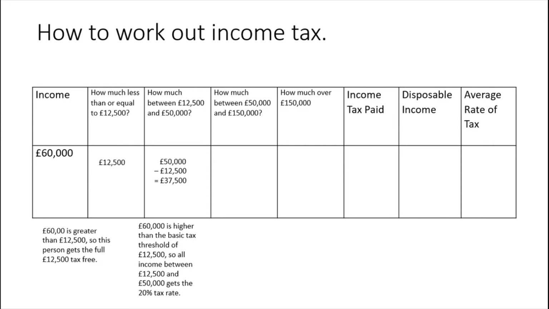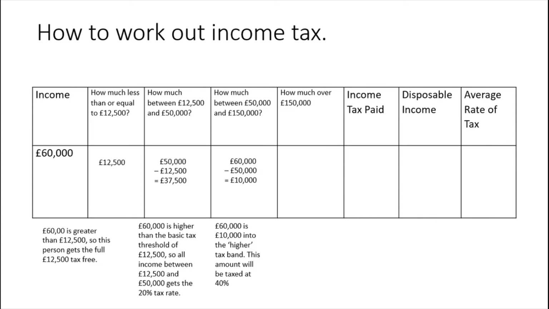Because it's above £50,000, the entirety of the income between £12,500 and £50,000 will be taxed at a 20% rate. So we've got £37,500, which is going to have a 20% rate of marginal tax. Then you ask how much is above £50,000 but below £150,000. Because this person is on £60,000, it's £10,000 in total, which is going to have the higher rate of tax of 40% applied to it.